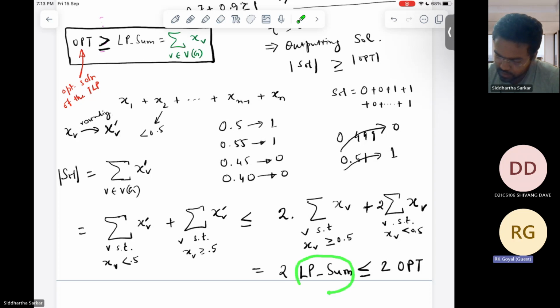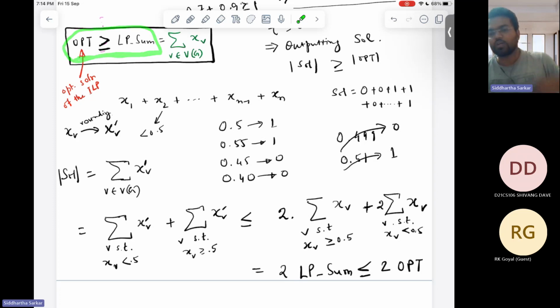We have already established here that LP sum is the smallest, because we're optimizing over a larger domain of 0 to 1. So the minimum objective function value that we can get is LP sum. OPT, because it is optimizing over only the domain of 0 and 1, is greater than or equal to LP sum. So this part is okay.